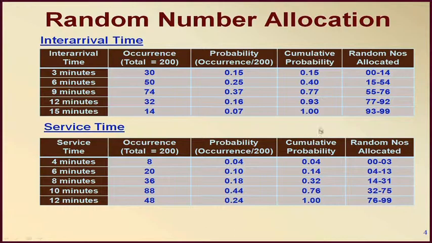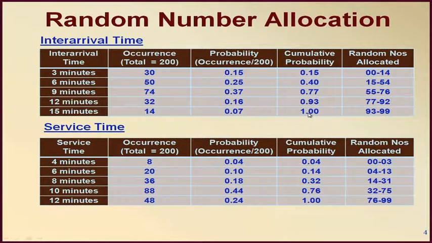What does it mean? It means that if you get a random number, say 12, it returns an inter-arrival time of 3 minutes. Similarly, all the allocations are done for 6, 9, 12 and 15 minutes for inter-arrival time, and similarly for service time as well. So, this is the first task, the allocation of random numbers.